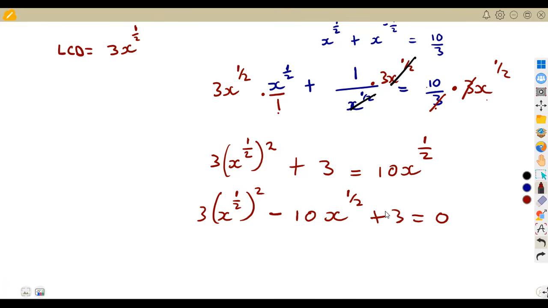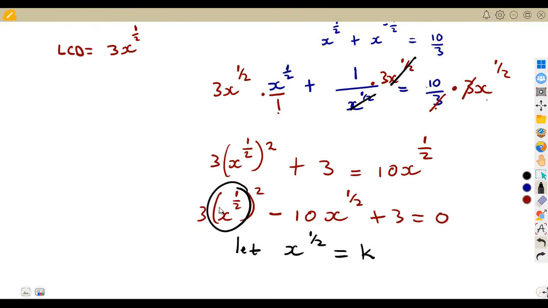But in this case, working with the x to the exponent of a half, you can see that maybe some of us might have a little bit of confusion. And also this time it's not a direct factorization like the previous case. So we can do the same thing like the previous case where I said you can introduce k. So you can say let x to the exponent of a half be equal to k.